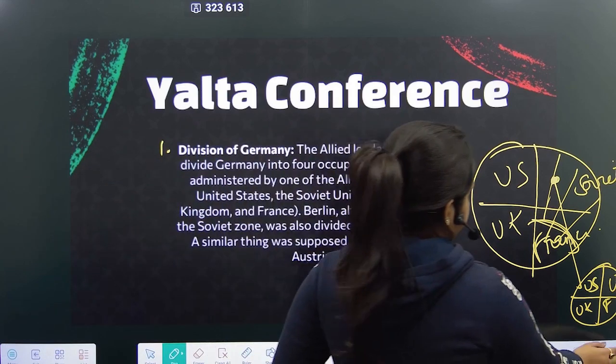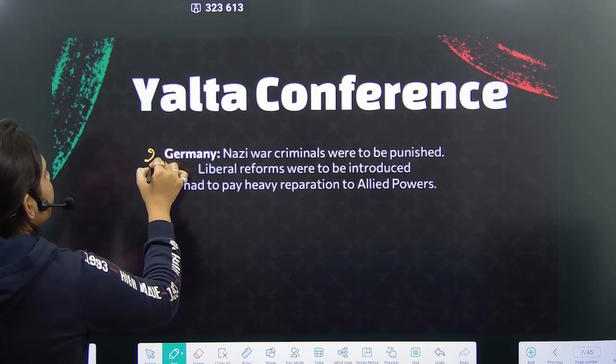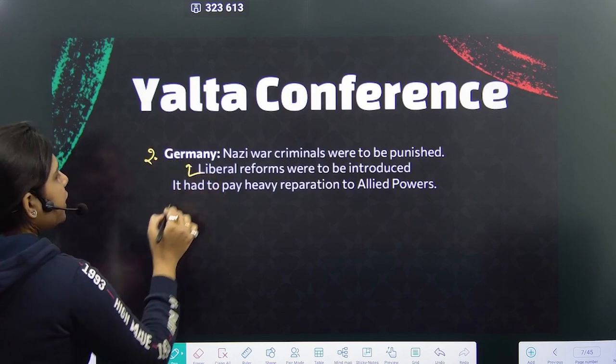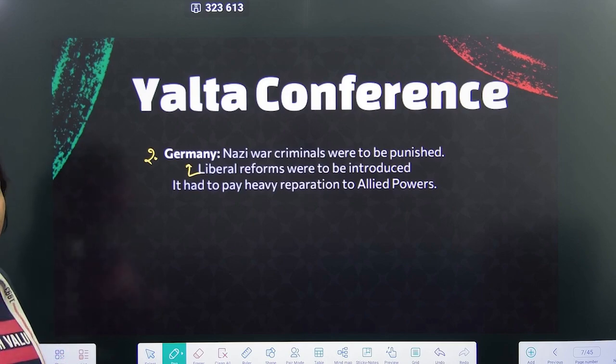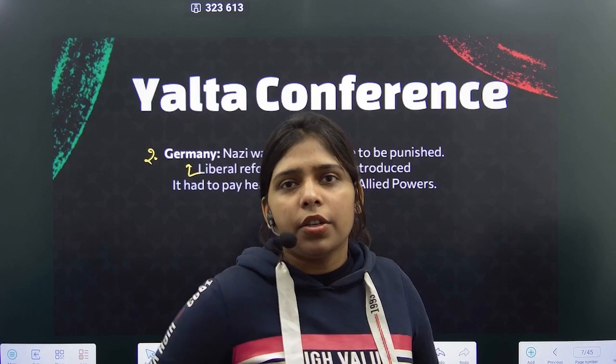Next, Nazi war criminals were to be punished. Number 1. Liberal reforms were to be introduced in Germany. And of course, you saw how Germany was forced to pay the war losses. Okay.